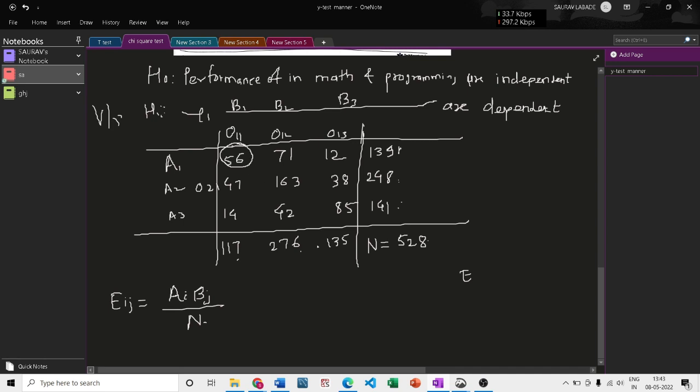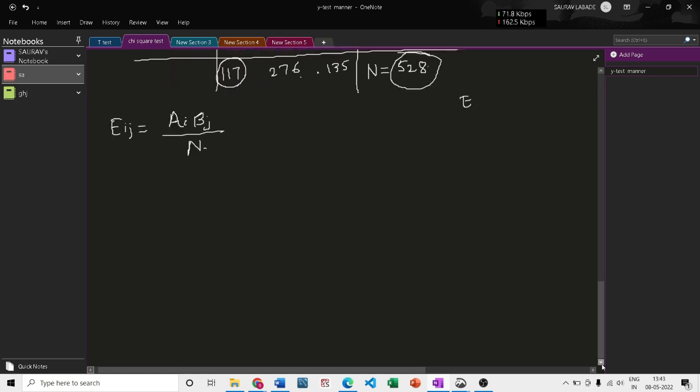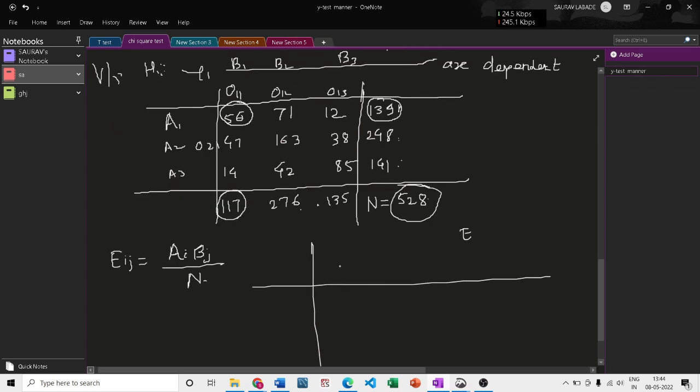This will be my formula of expected frequency. Suppose I have to find E11, the first value, corresponding to O11. It is the sum of these two numbers, A1 and B1, the row total and the column total, divided by this value, and I proceed the same way for the rest.